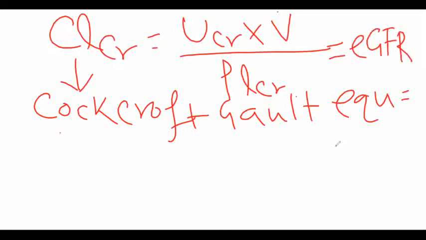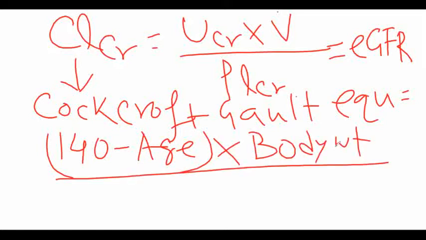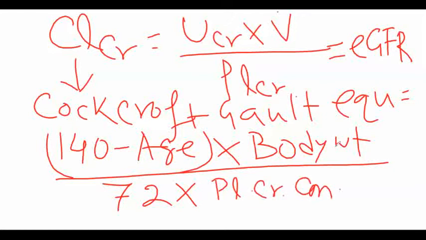It is 140 minus age, times body weight, divided by 72 times plasma creatinine concentration. In case of male, you use a factor of 1, and in case of female, you have to multiply this equation by 0.8.